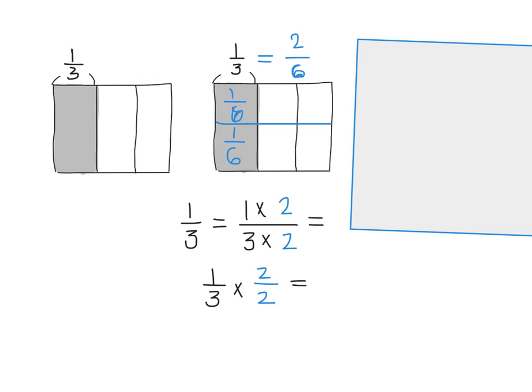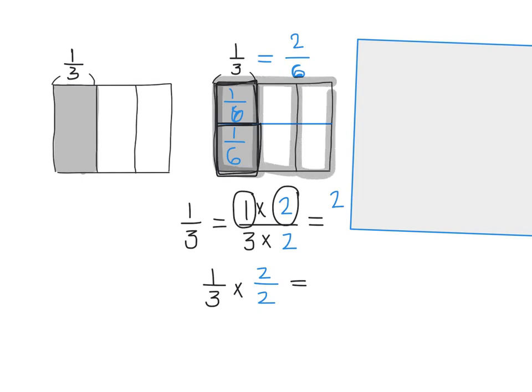We had 1/3 before, right? But the one area got split into 2 parts, 1 and 2. And because 1 times 2 equals 2, right? And then originally we had 3 big sections, 1, 2, 3. Our units were thirds.